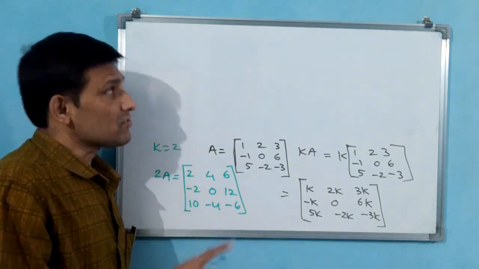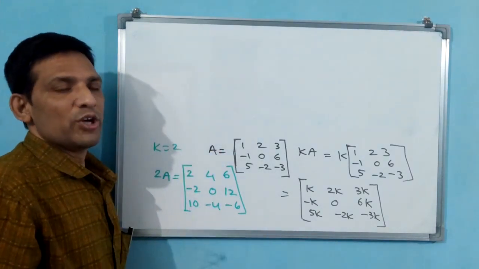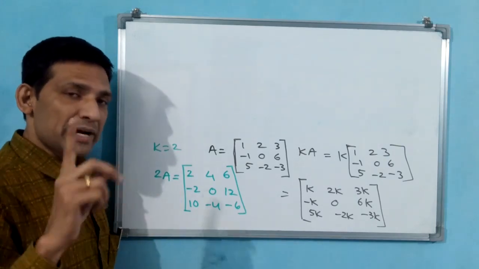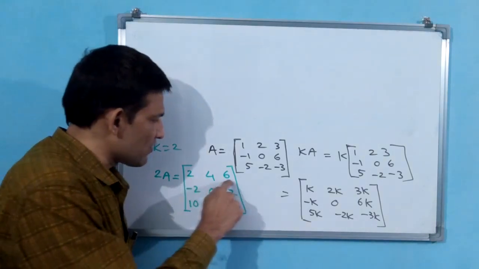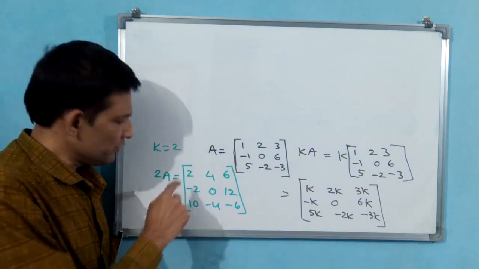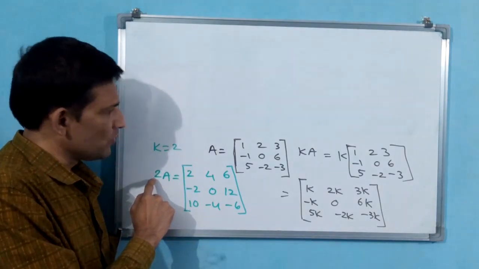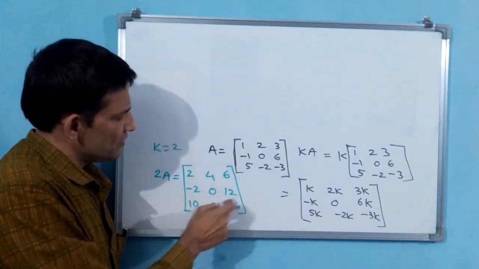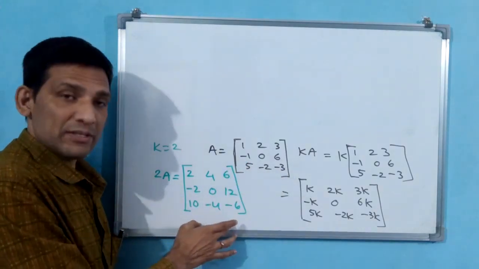But this is not the case for a determinant. If you want to multiply a scalar with any determinant, then you can multiply it only with any one row or one column. That means if k is 2, you multiply 2, 4, 6, but the remaining minus 1, 0, 5, minus 2, 6 has to come as it is.